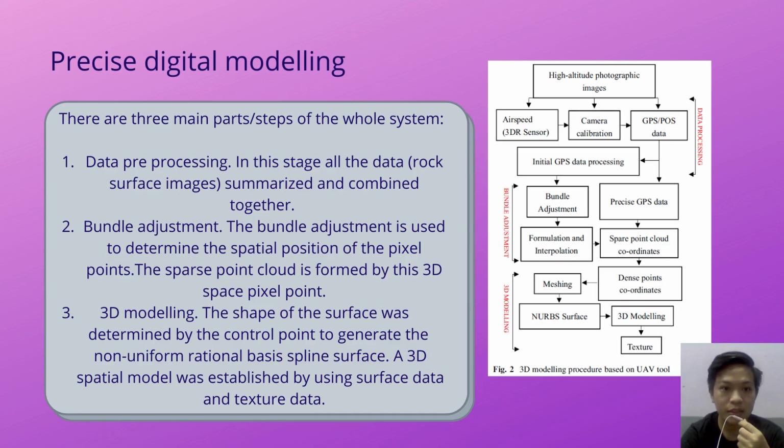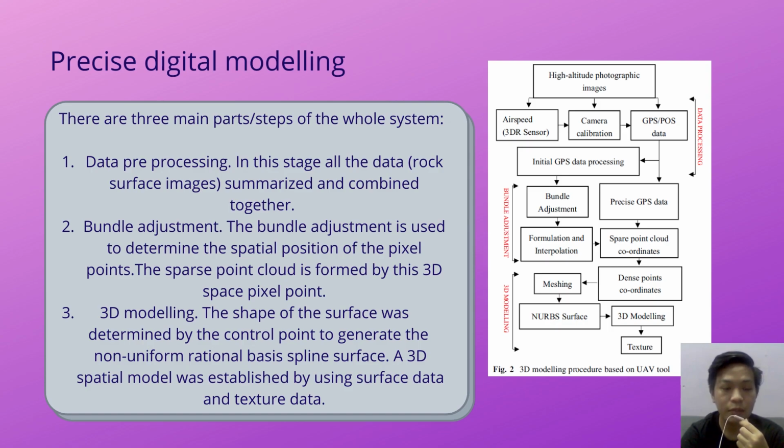Second, precise digital modeling. There are three main parts or steps of the whole system. First, data pre-processing. In this stage, all the data, the rock surface images, are summarized and combined together. Second, bundle adjustment. The bundle adjustment is used to determine the spatial position of the pixel points. The sparse point cloud is formed by these 3D space pixel points.